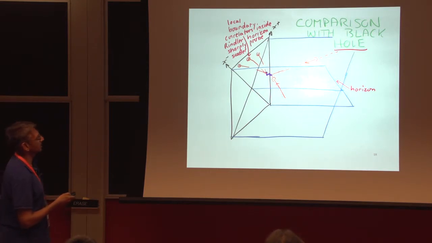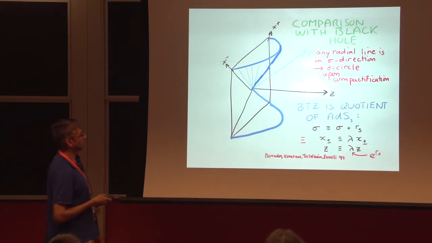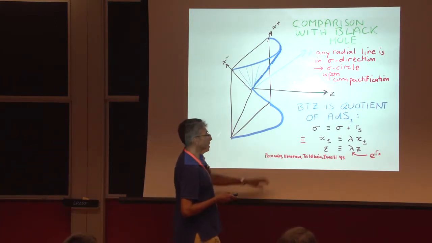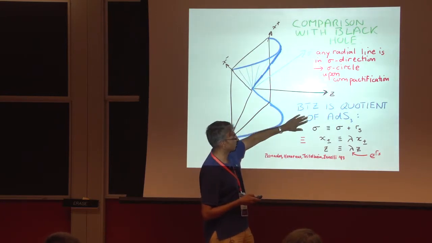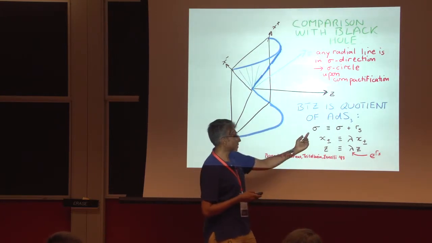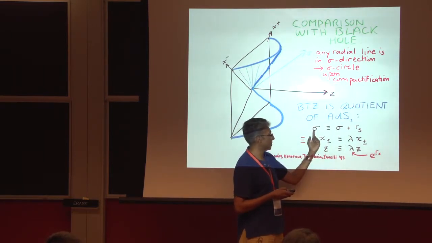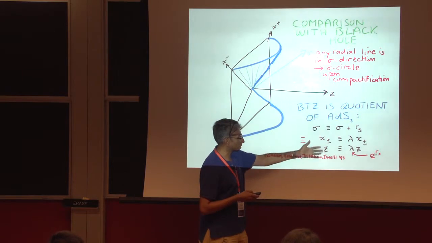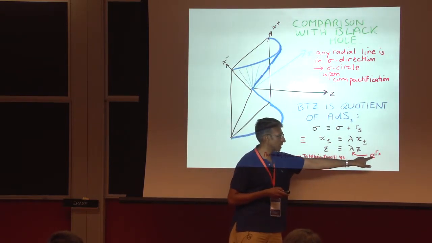That's the non-compact case. Now, what's the whole problem with the compact case? Okay, well, the main thing is that if you want to go back to the compact case, you have to recognize that BTZ is a quotient of AdS3. Roughly, you're trying to take the non-compact sigma and make it periodic in this way. But if you go to Poincare coordinates, that means making it periodic in this way by discrete scale transformations by e to the R_S.